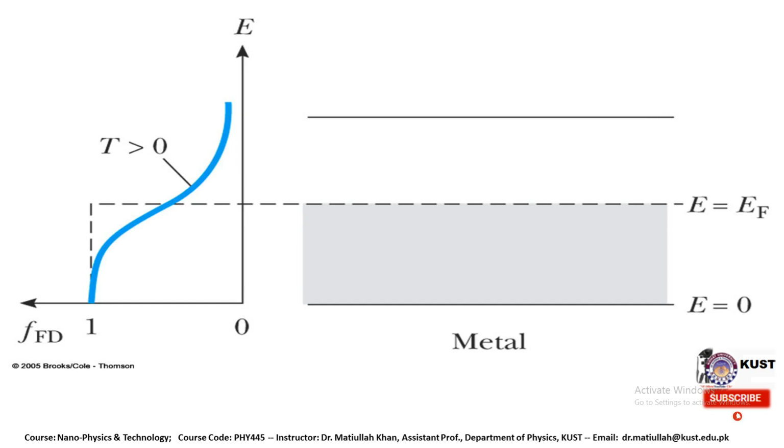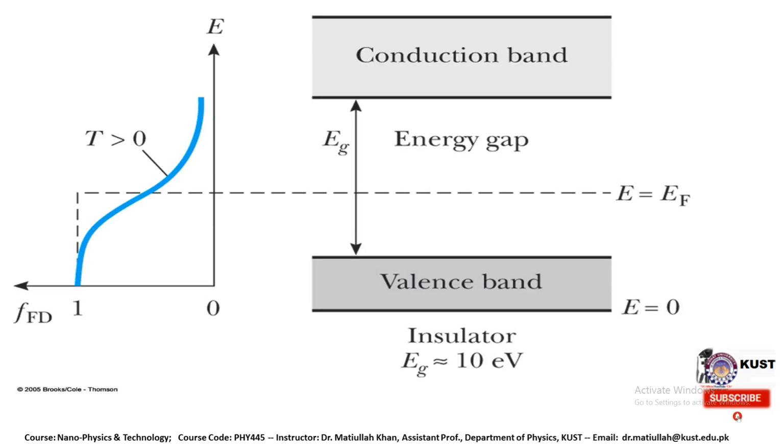So it's very easy for the electron to move from the valence band toward the conduction band, and at T greater than 0. So coming toward the insulator, we have the band gap of insulator.